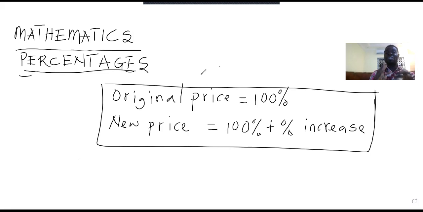So when the question is talking about percentage decrease, then the new price should be equivalent to 100% minus the percentage decrease. I repeat, when it is under percentage decrease, then the new price should be equivalent to 100% minus the percentage decrease.